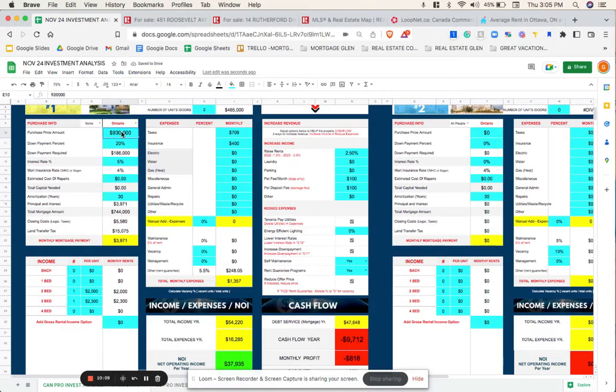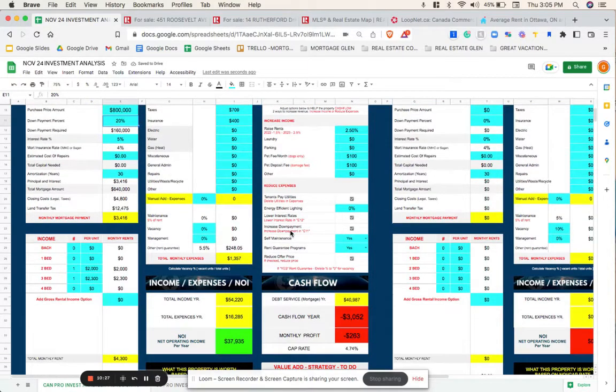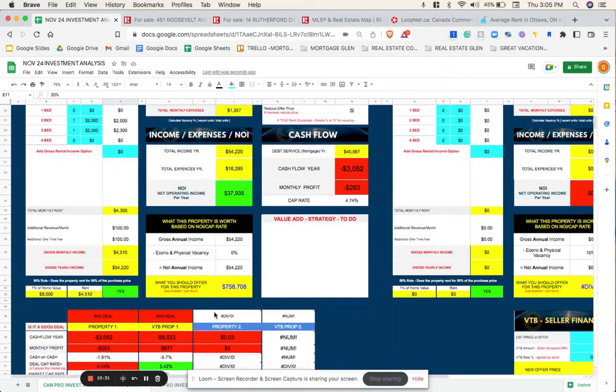Okay, so 850. Nope. How about 800,000? Still no. Okay, so our net operating income isn't positive, so we're using our green light, red light system.